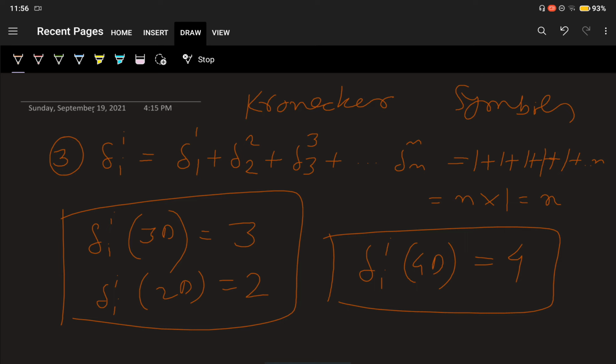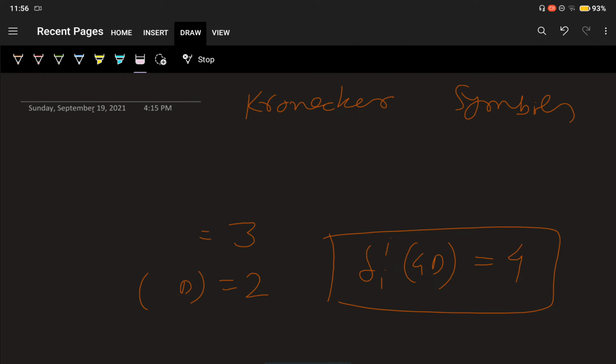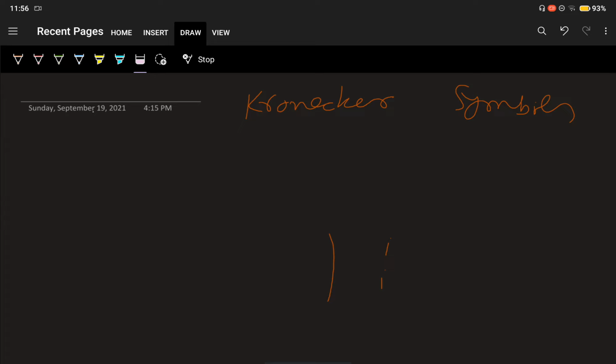This is the property. Now another property, the fourth property: delta ij delta jk.